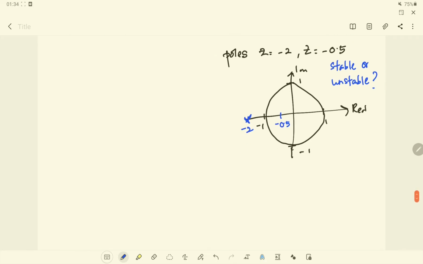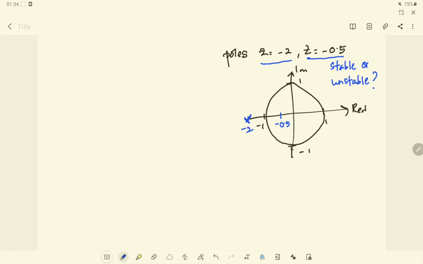What is the definition of a stable system in the digital form? A system is stable if all poles are within the unity circle. Now the poles are z equal to negative 2 and z equal to negative 0.5.